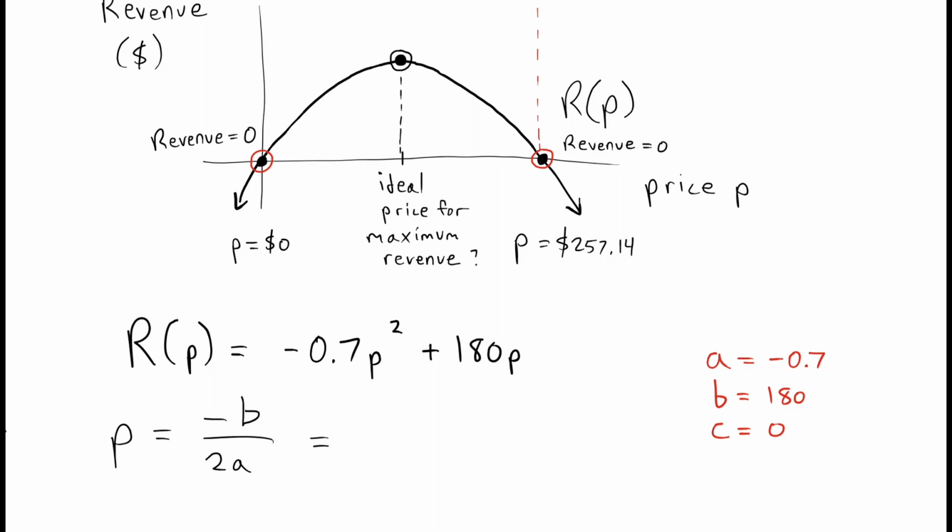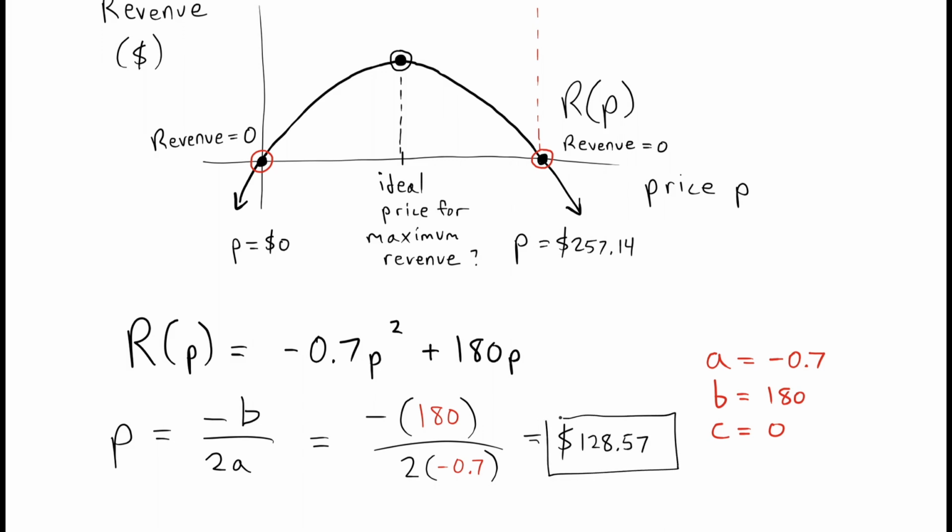That only works for parabolas though. So let's plug in our B and our A. 180 goes there, negative 0.7 goes there. So the ideal price is there for 128.57. Halfway between 0 and the maximum price in this case.